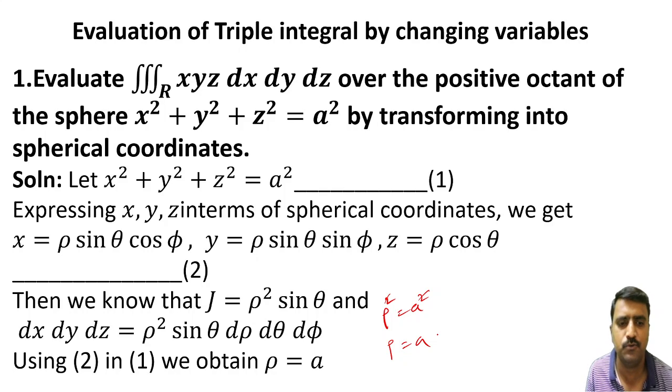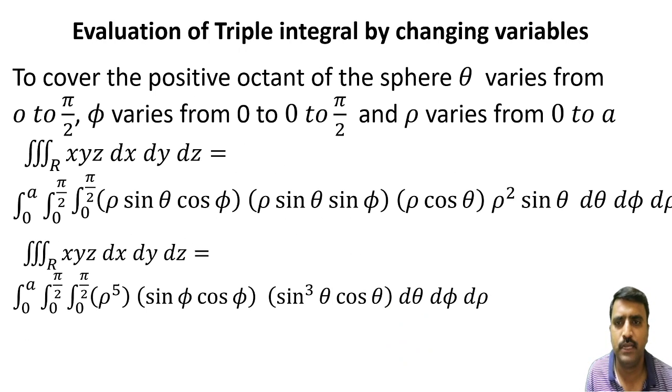To cover the positive octant of the sphere, where all x, y, z are positive in the first octant, theta varies from 0 to pi by 2, and phi varies from 0 to pi by 2. Rho, that is the radius, varies from 0 to a.